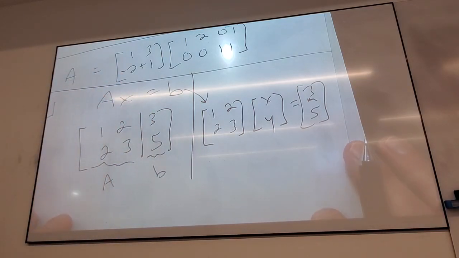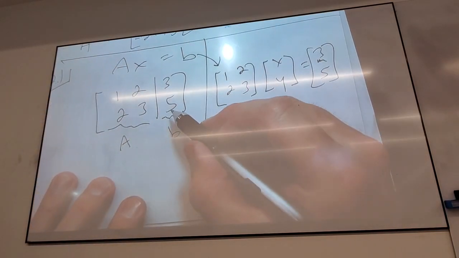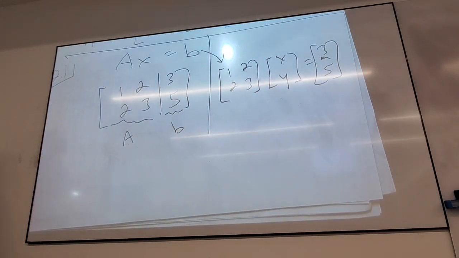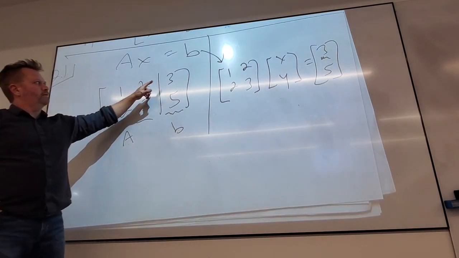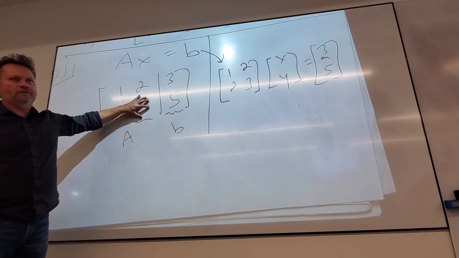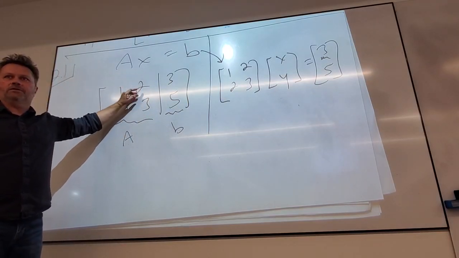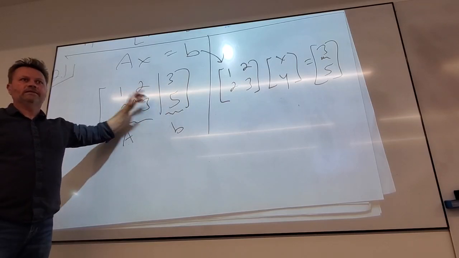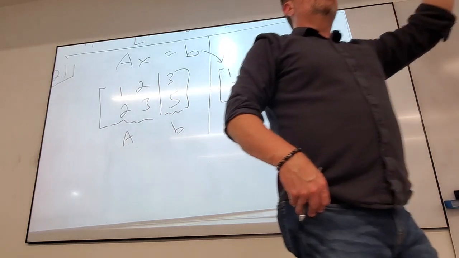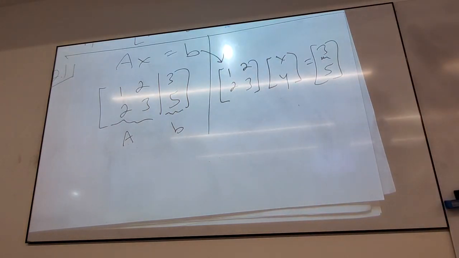So let me ask you this. The only way this could have at least one solution is if this vector is in the column space of this. And somebody remind me, what's the column space mean? What does it create?